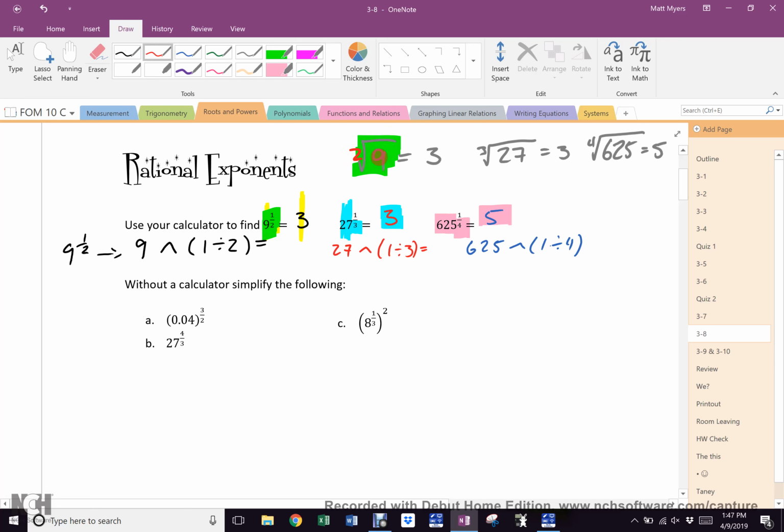And how many 9s are under there? 1. Where would the 1 and the 3 go? Here. The 3 becomes the index, and the 1 becomes a power. Everybody see? Pretty easy to follow, right?